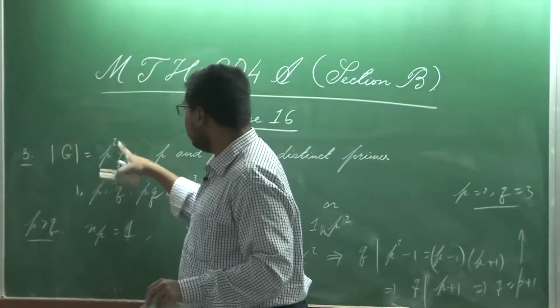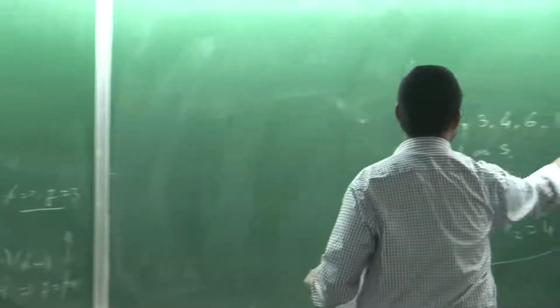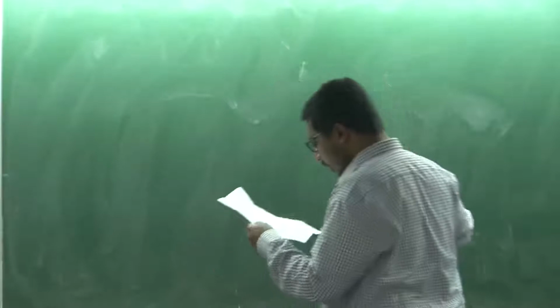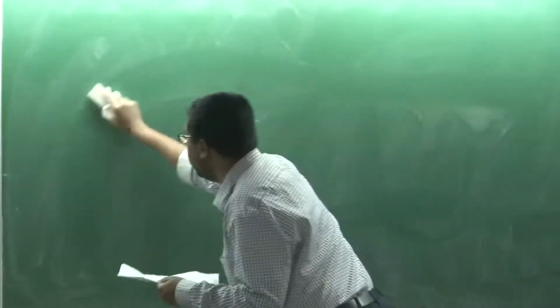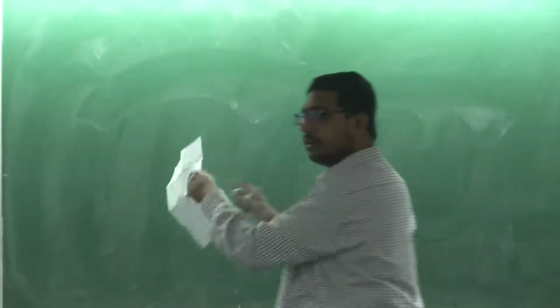Furthermore, if p is the bigger prime, then the Sylow p subgroup has to be normal. That tells us the normal subgroups of groups of order p square q, which we will use later on for classifications. Now let us go for groups of order 60.